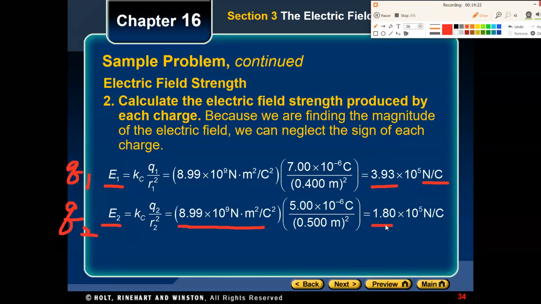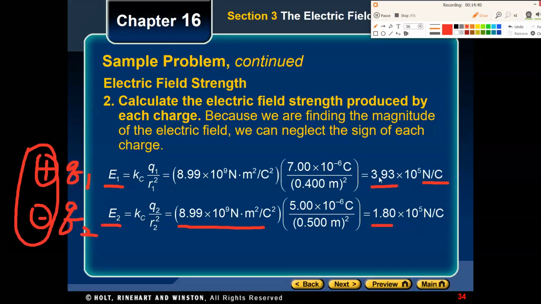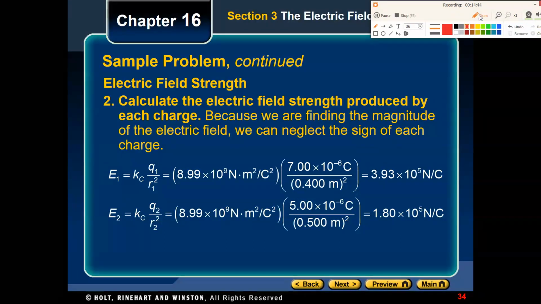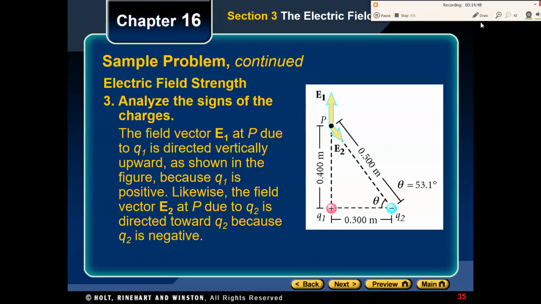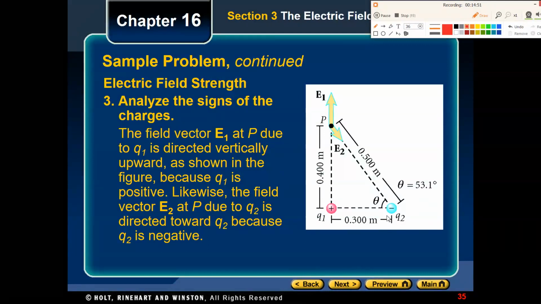However, what you don't know from these two numbers is the direction. You need to use the sign of the charges Q1, Q2. Which one is a positive charge? Which one is a negative charge? You need to figure that out. Then you can use it graphically to figure out the direction. In this case, Q2 is negative, so it's attractive.